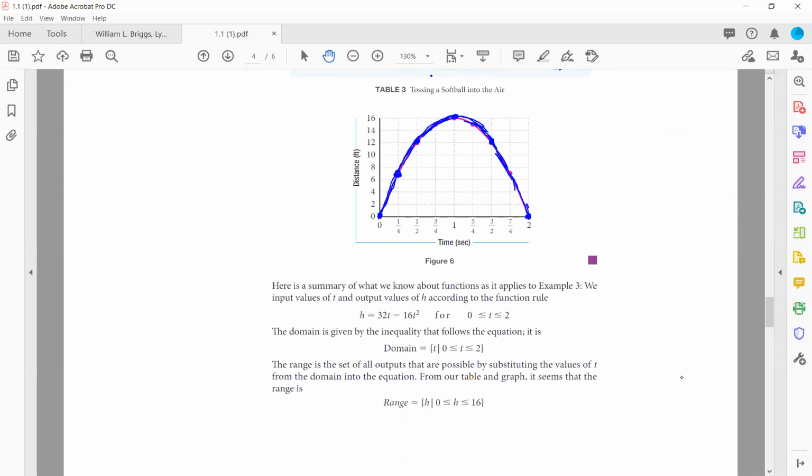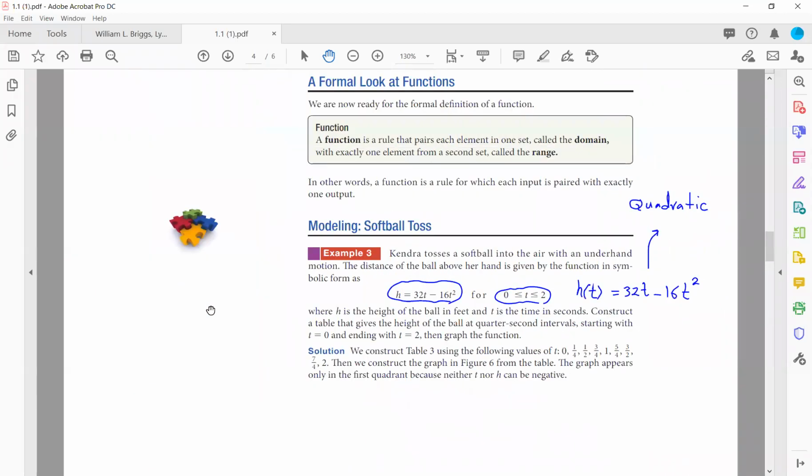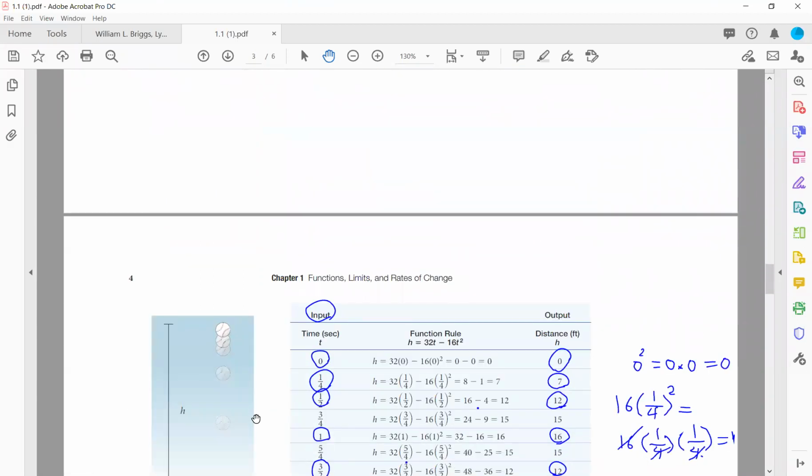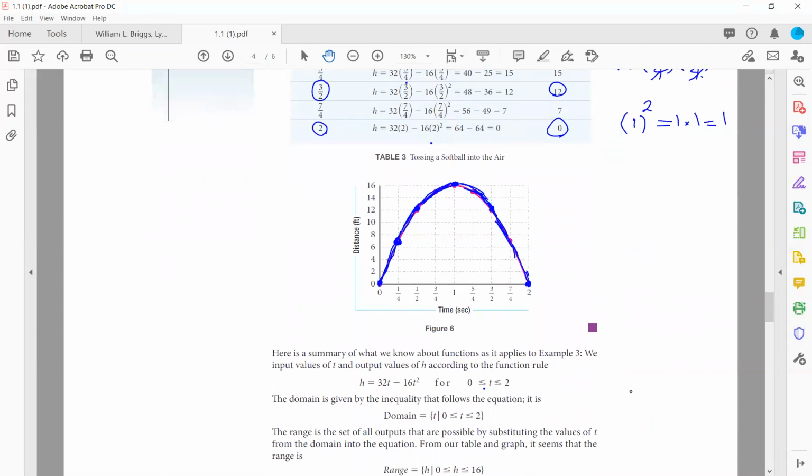As you can see, the domain of the function is given. Take a look at your example here. It says t must be in between 0 and 2 inclusive. So domain is given. We know that our domain is the set of all t values. Remember that our independent variable is t.